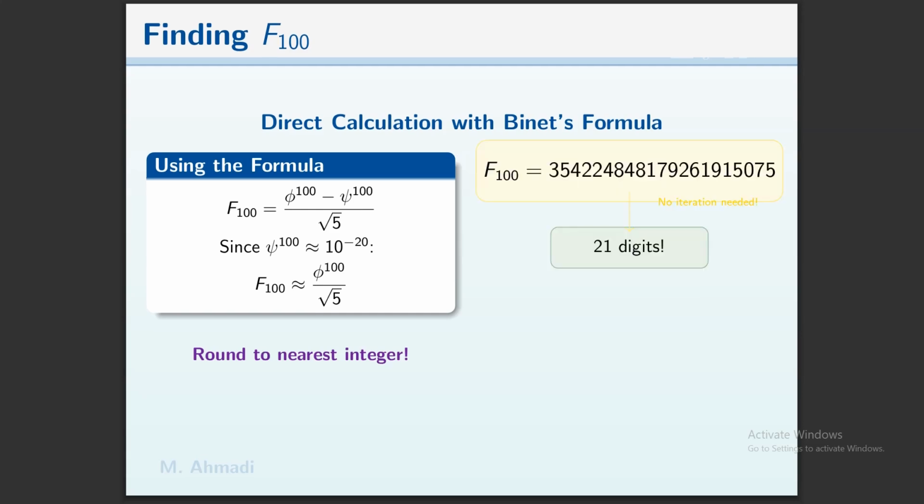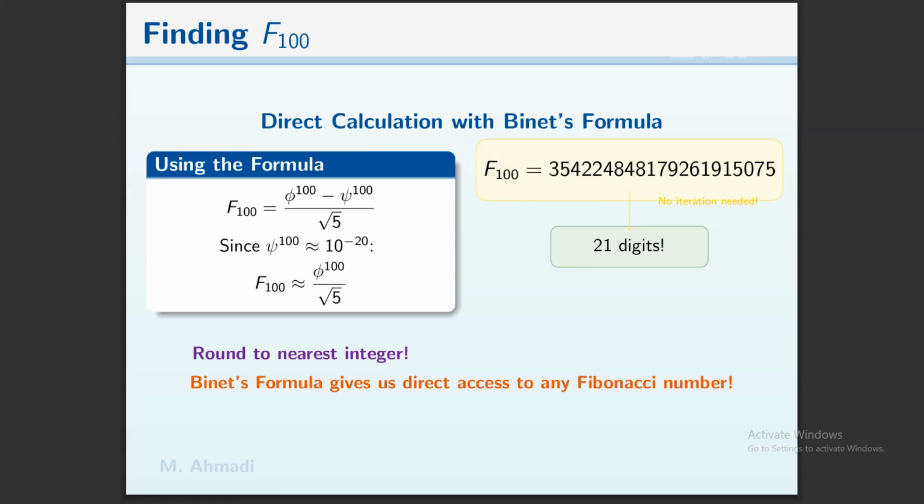After rounding to the nearest integer, we get F100, a big integer with 21 digits. The Binet formula gives us direct access to any Fibonacci number.